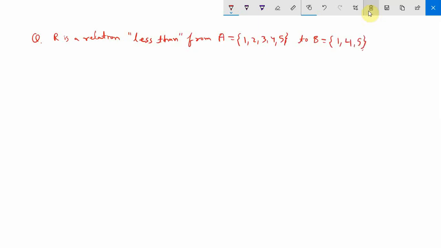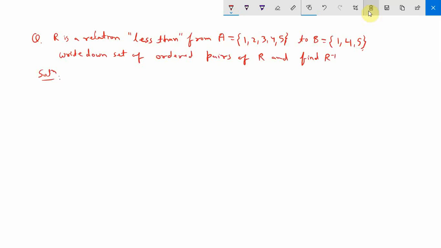So write down the set of ordered pairs of R and find R inverse. Okay. So how do we proceed here?